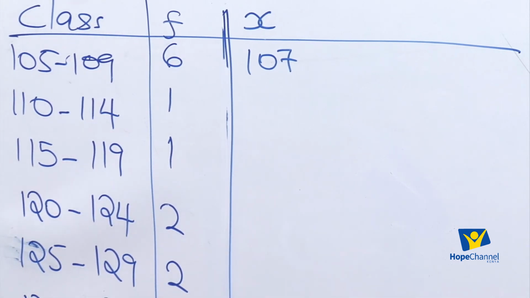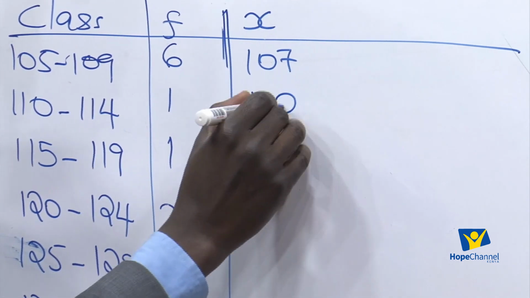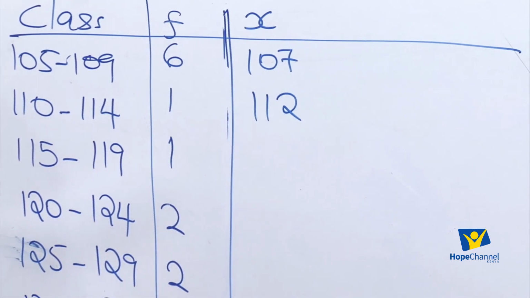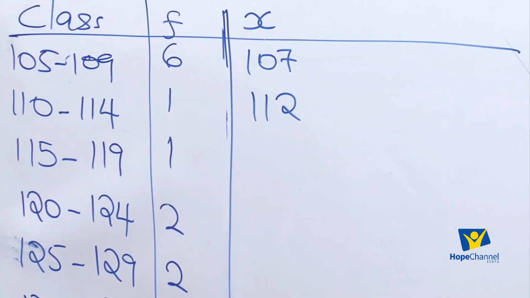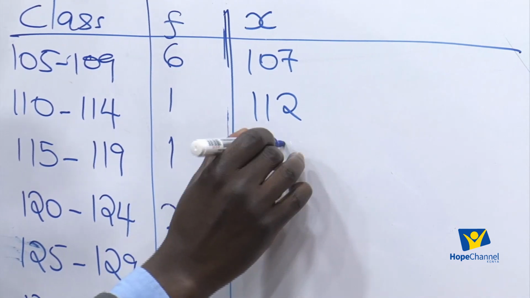The next class, we have 110 plus 114. What do we get? We get 224. When we divide 224 by 2, we get 112. Actually, once you have done the first two, the trend will continue. So this one will become 117.